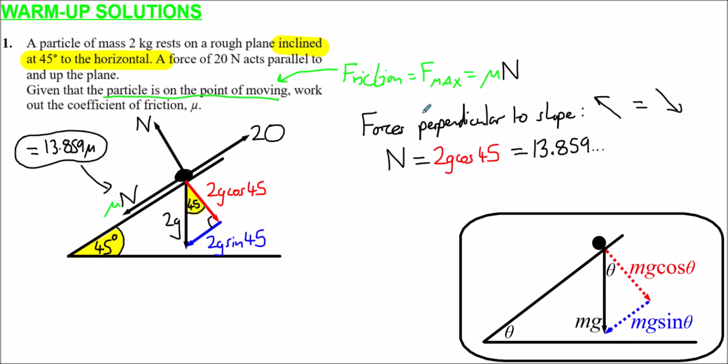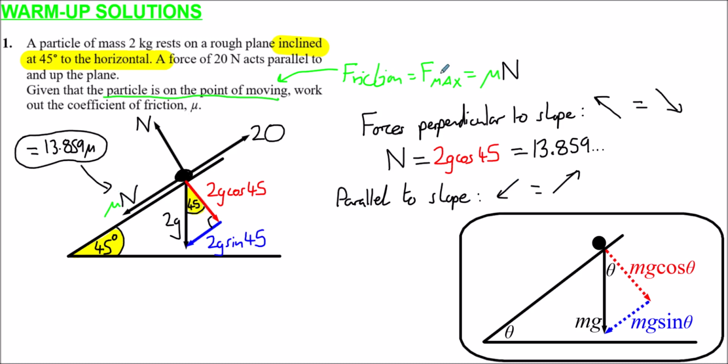We can now resolve going parallel to the slope. Because it's still in equilibrium, the forces acting down will be equal to the components or the forces acting upwards. Acting down the slope, we've got the limiting friction.